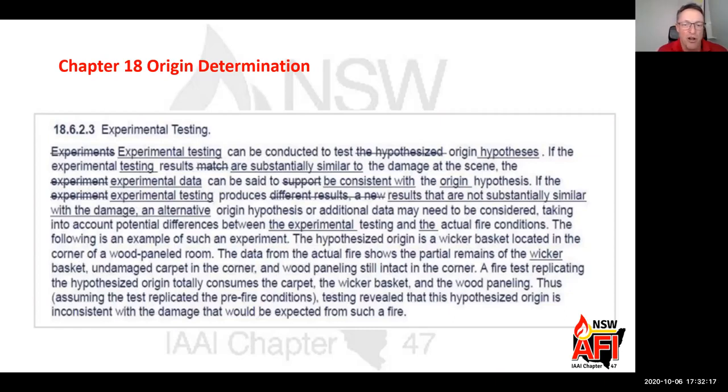An alternative origin hypothesis or additional data may need to be considered. So keep using experiments if you can to test your hypotheses, and hopefully that will help in making your final hypotheses a little bit more solid.